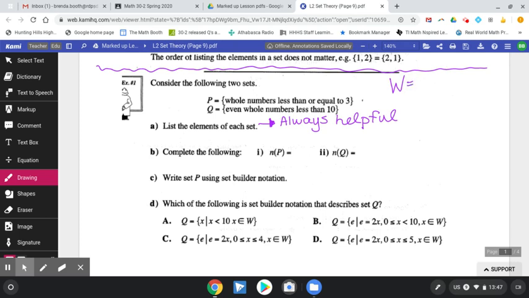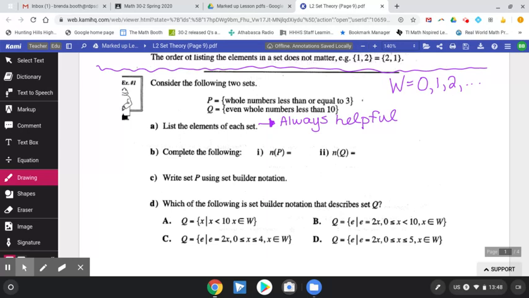The lowest whole number is 0, then 1, then 2, and so forth. So no negative numbers belong in the set of whole numbers, or fractions or decimals. This list goes forever and it starts at 0.